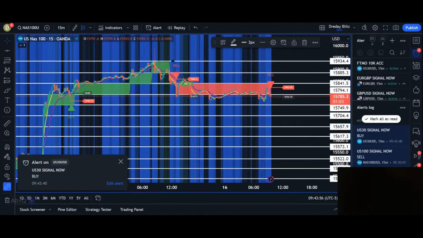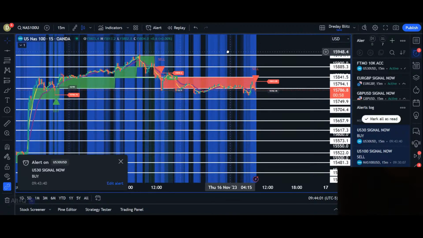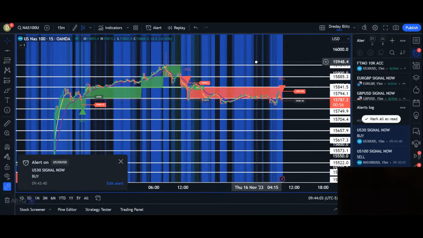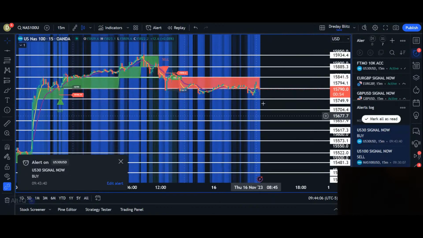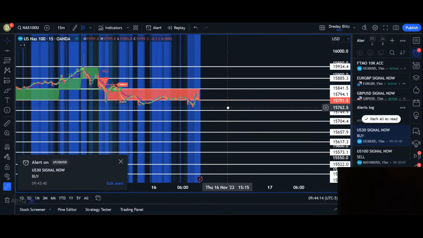All right, so we plotted all of our zones. Based off of the Renko bar, those are the next zones that we're expecting price to go to if we're still continuing bearish overall.